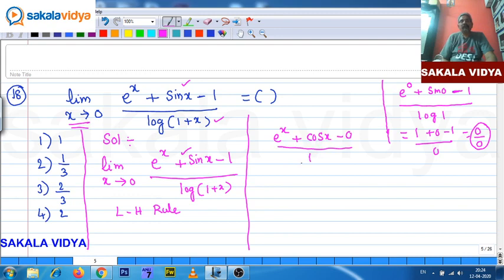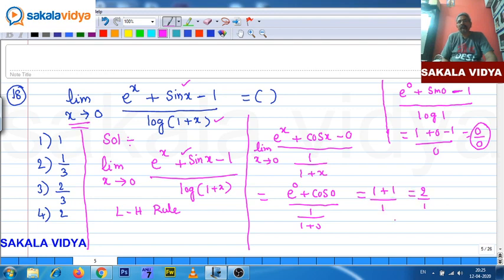Log of 1 plus x differentiation is 1 by 1 plus x. Now applying the limit x tends to 0, we get e power 0 plus cos 0 upon 1 by 1 plus 0. That means e power 0 is 1, cos 0 is 1, 1 by 1 is 1, so 2 by 1, equal to 2. So that means the fourth option.